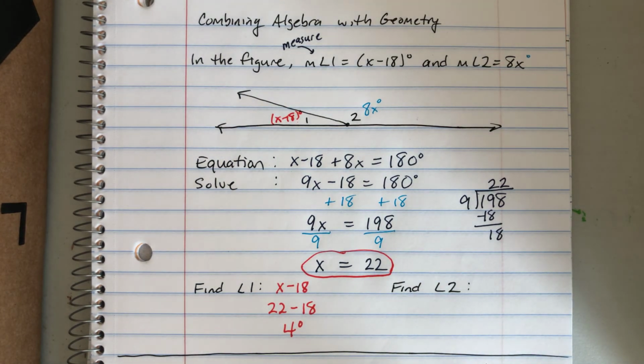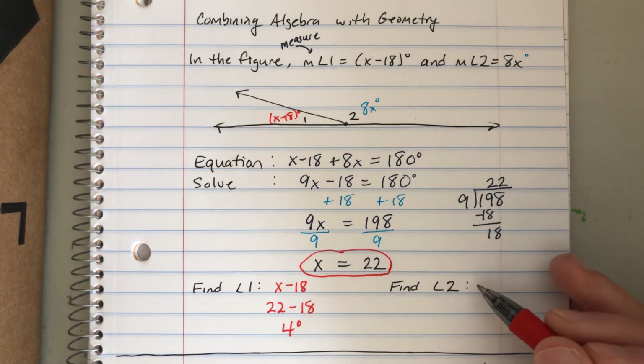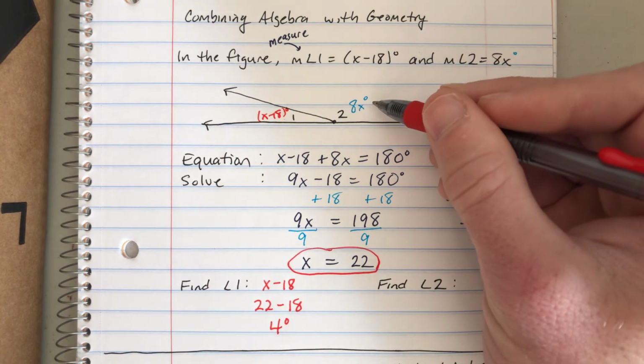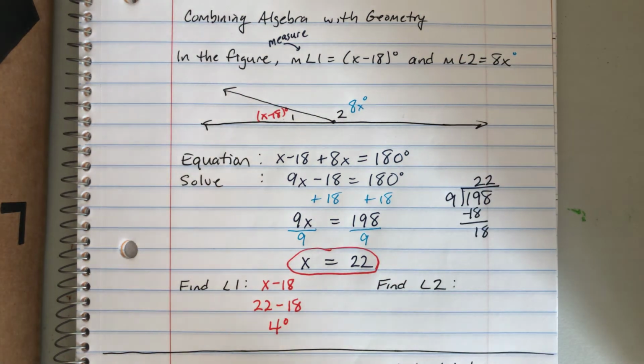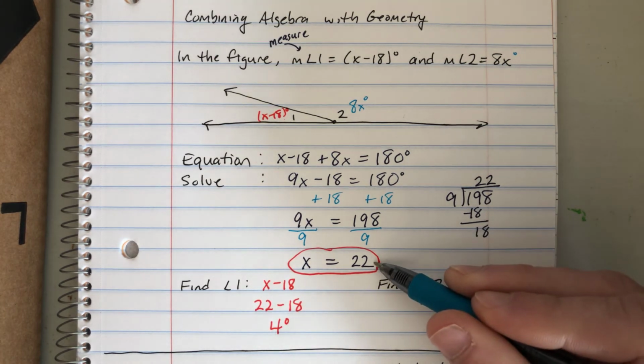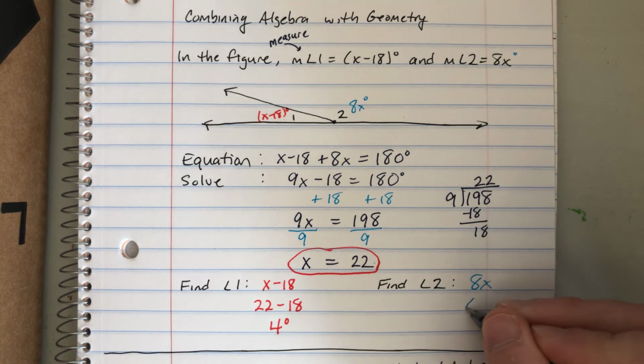All right, so I wonder if you could figure out what angle 2 is. Well, angle 2 was labeled as 8x. So it was 8x, but we just found that x was 22. So this is really 8 times 22.